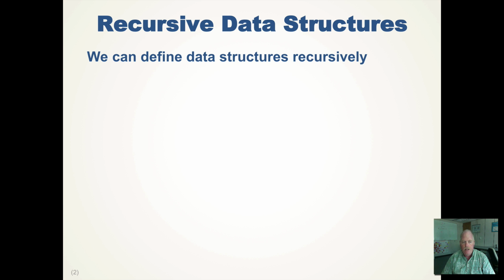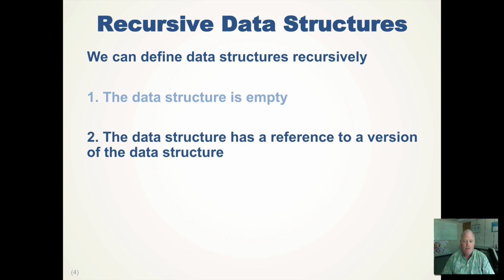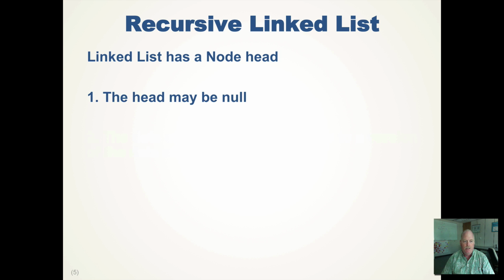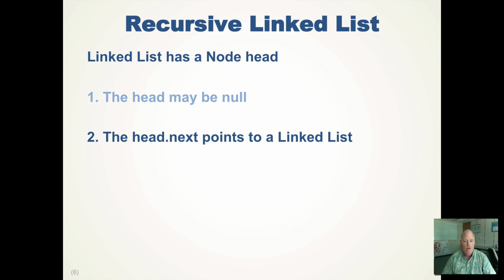So we can, and we often do, define data structures recursively. For example, the data structure is empty, or the data structure has a reference to a version of the data structure. For example, the linked list is considered a set of nodes, so the linked list is a node followed by more linked lists, so the head may be null, or the head.next points to another linked list.